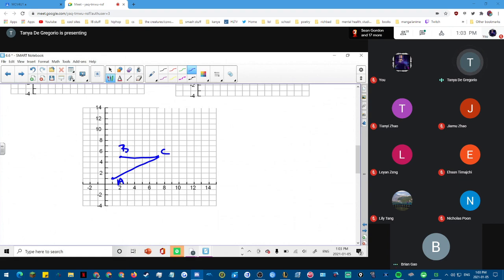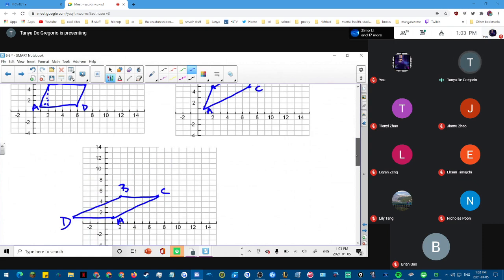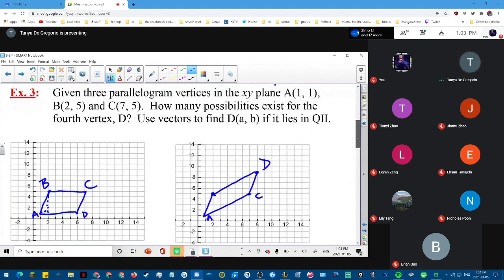Okay, well, we know that it has to be the same, like -4, 1. So 1, 2, 3, 4, 5, and I'm just one off. And there you go. So 3 different possibilities for vertex D, okay?